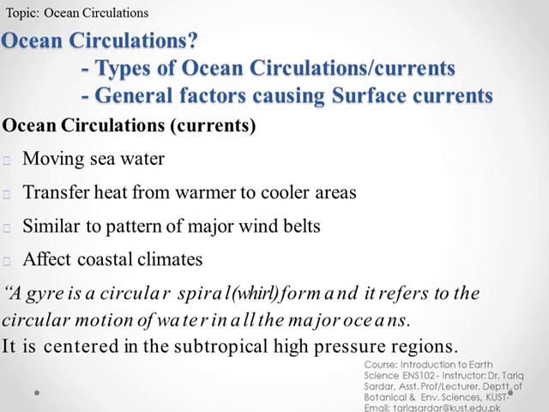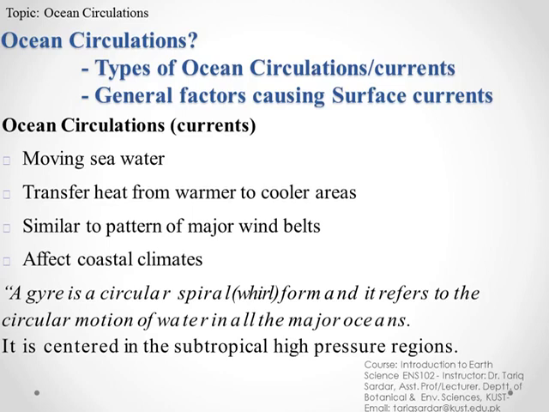There is also a term, gyre. A gyre is a circular, spiral, whirlpool-type form, and it refers to the circular motion of water in all the major oceans, like the Pacific Ocean, Indian Ocean, and other oceans. In the major oceans we see spiral forms of water currents. So that's a gyre.